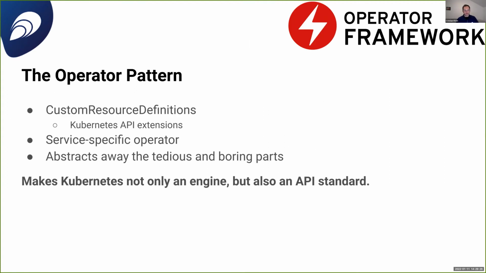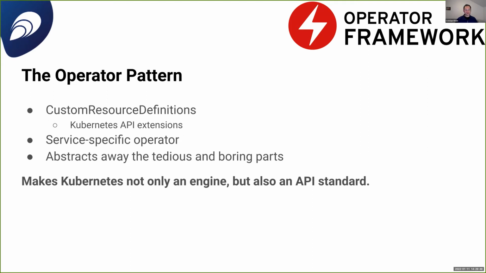And this kind of extensibility and power is enabled by something that's called the operator pattern. So essentially, Kubernetes allows you to define custom resource definitions, which are a way to extend the Kubernetes API with new objects that are not natively supported or not built into Kubernetes.